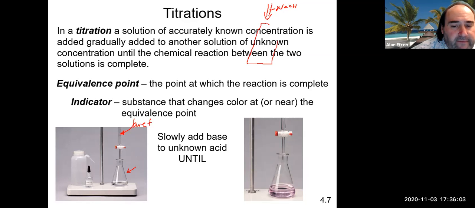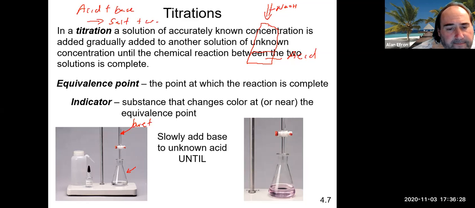We have down there in a beaker an acid. And basically, we continue to add, for example, sodium hydroxide to the beaker until the reaction is done. When we take an acid plus a base, we make a salt plus water.